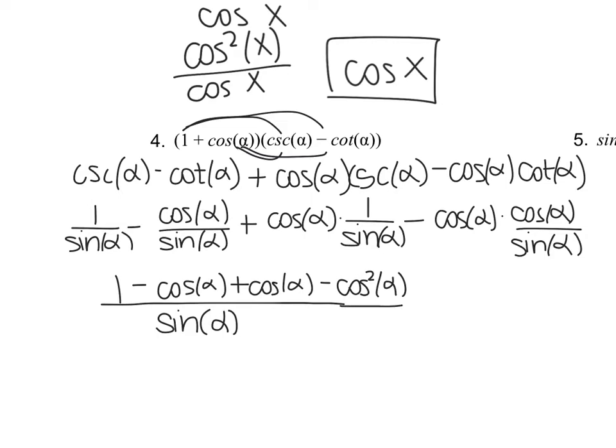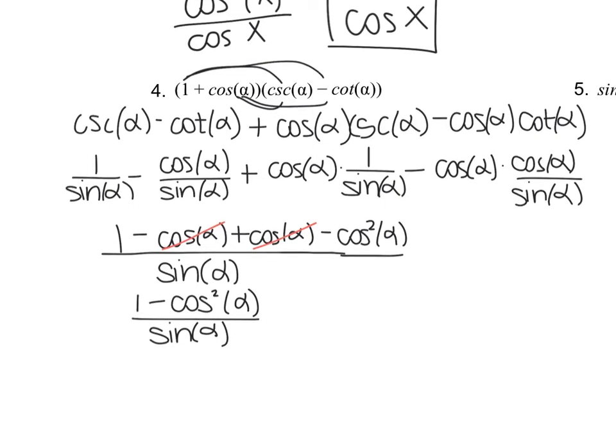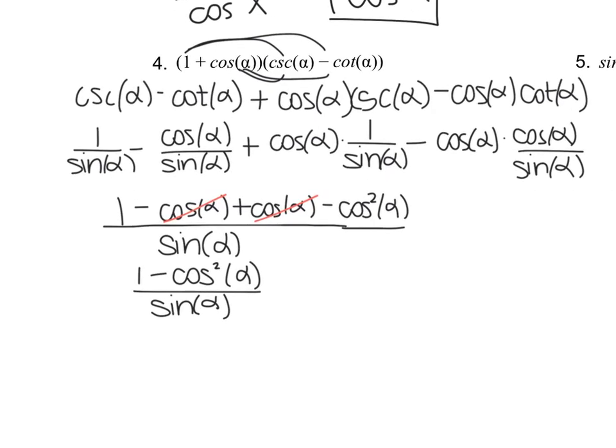Well, now a negative cosine alpha and a positive cosine alpha will cancel. So we're left with 1 minus cosine squared of alpha all over sine of alpha. And again, we're going to use a Pythagorean identity. 1 minus cosine squared is sine squared of alpha, still over sine of alpha.